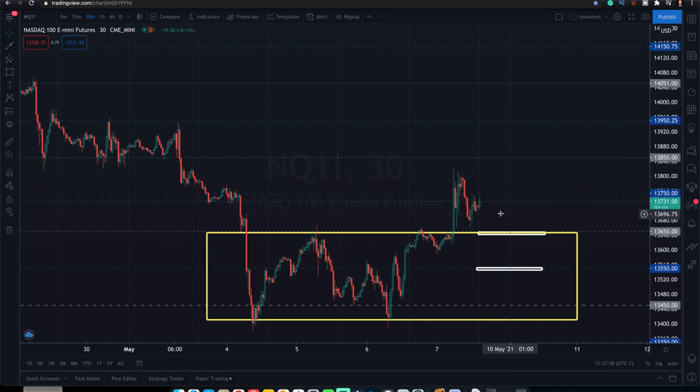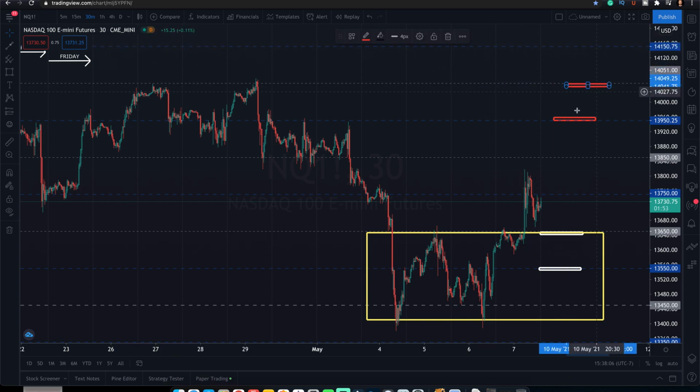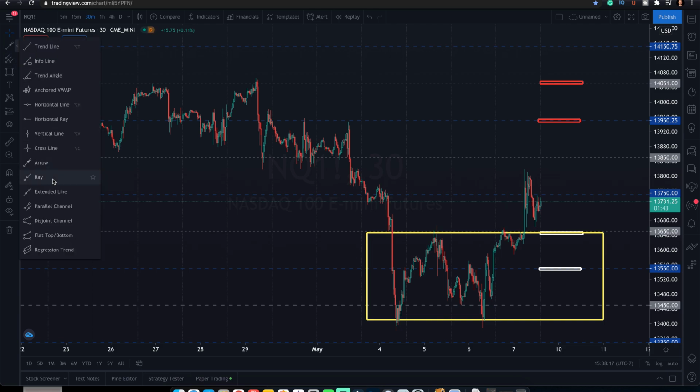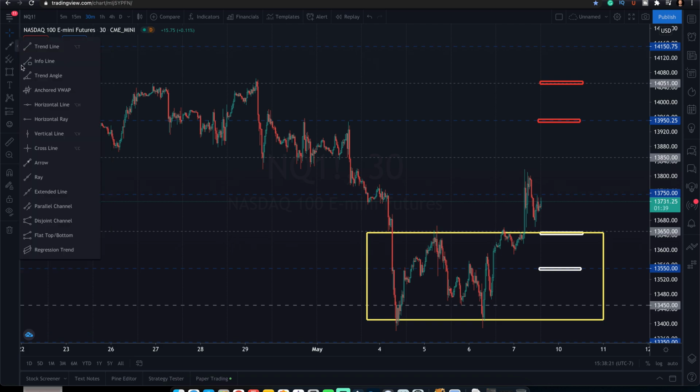You can expect to see a pullback to any of these levels and then a continuation to the upside, because right now, as you can see here, the momentum is bullish. There is no doubt about that. We created right here a perfect double bottom, and I'm going to mark that in a moment. Let me just find my tool.